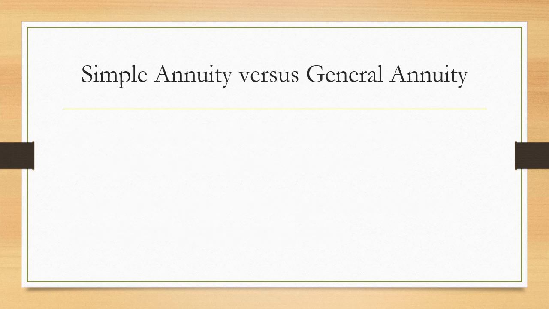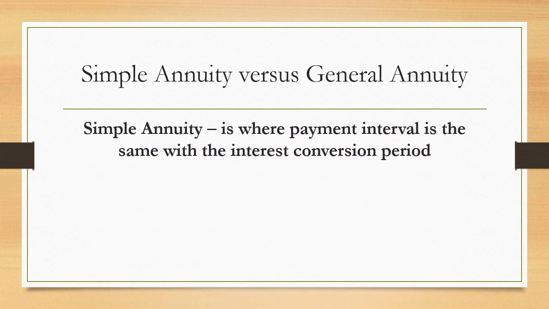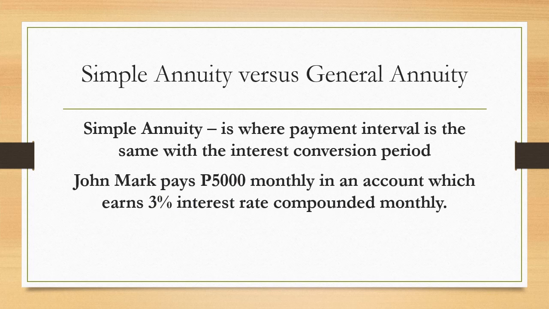Now there are two types of annuity. First is the simple annuity. Let us compare it side by side with the general annuity, the other type of annuity. A simple annuity is where the payment interval is the same as the interest conversion period. For example, John Mark pays 5,000 monthly.